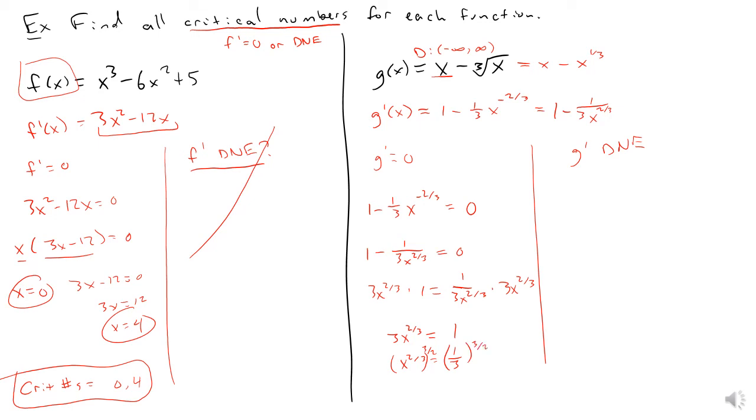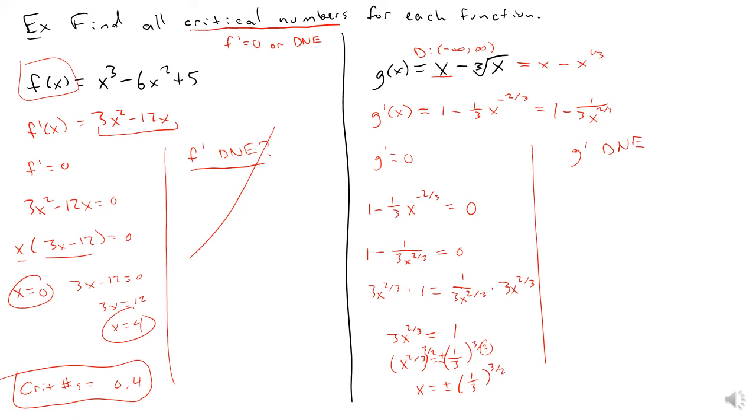Raising anything to the 1/2 power, remember, is the same thing as the square root. Because I have this even number in the denominator, I'm doing an even root on both sides of the equation, which means I need to put in a plus or minus with it. So I have x equals plus or minus 1/3 raised to the 3/2.